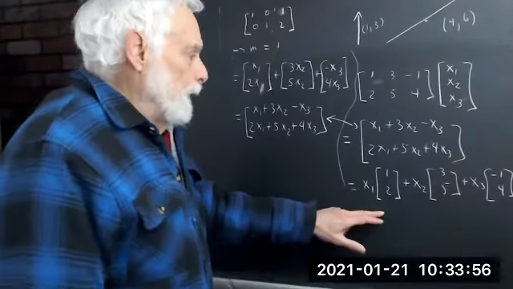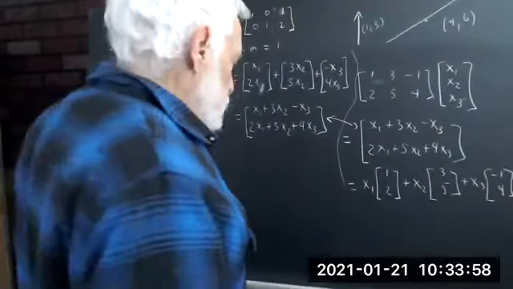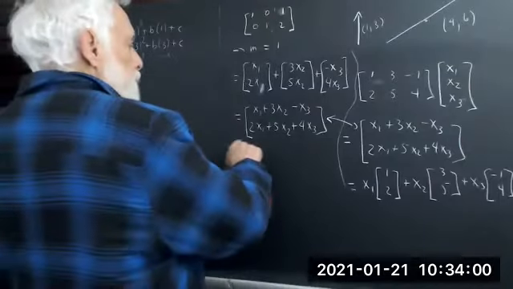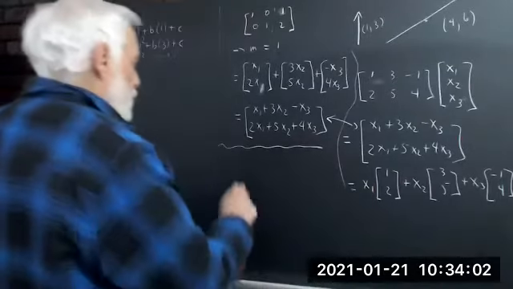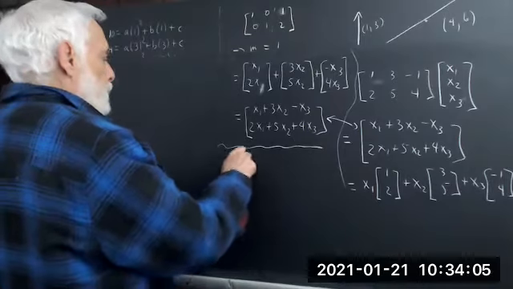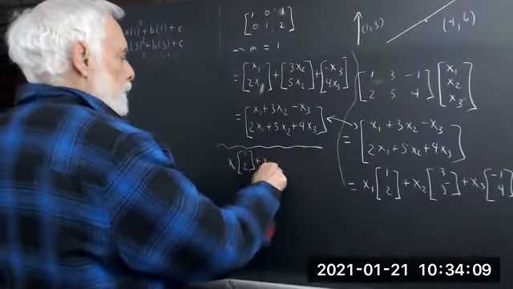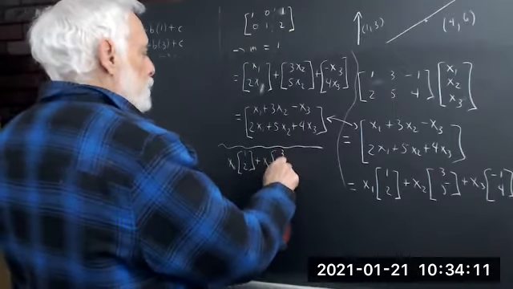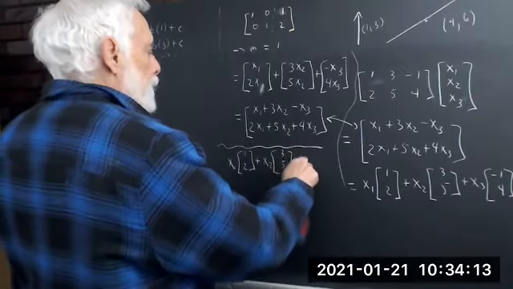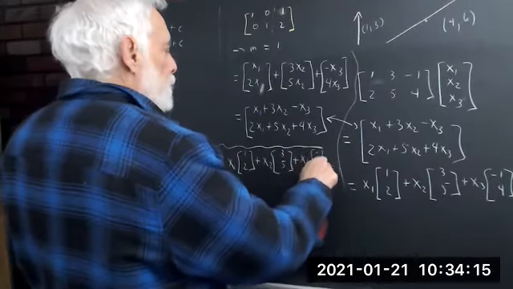Okay. Now this thing here is called x1 times (1, 2) plus x2 times (3, 5) plus x3 times (negative 1, 4).